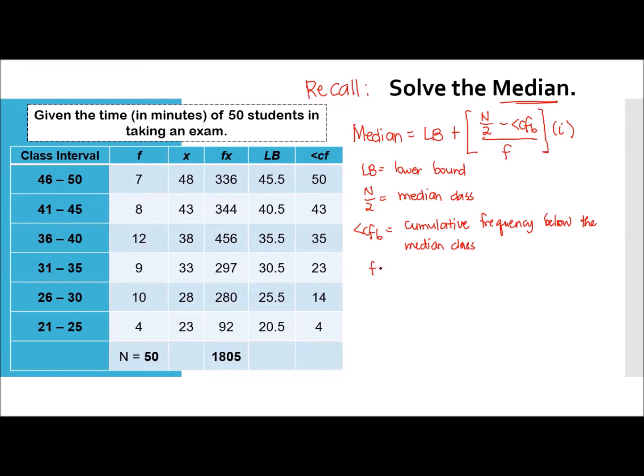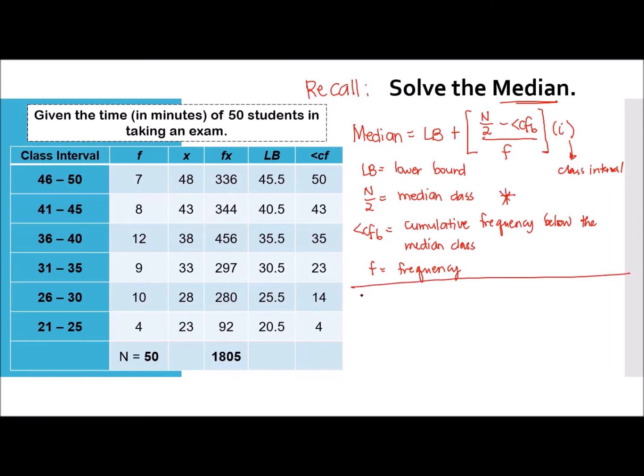Okay? And then F is the frequency. And then I is the class interval. Okay? So, among all this, medyo nakakalito lang siya sa una. Pero, madali lang yan. Ang uunahin mo lang lagi, si median class.